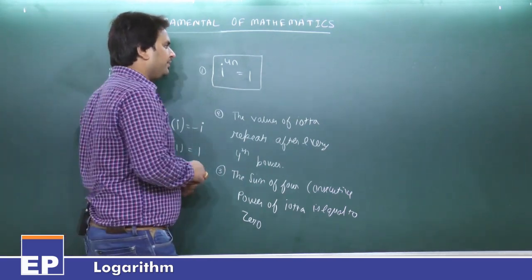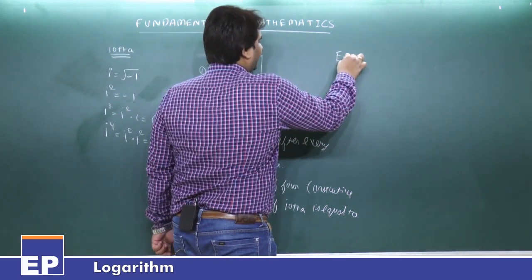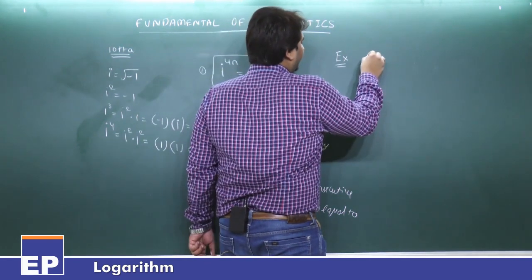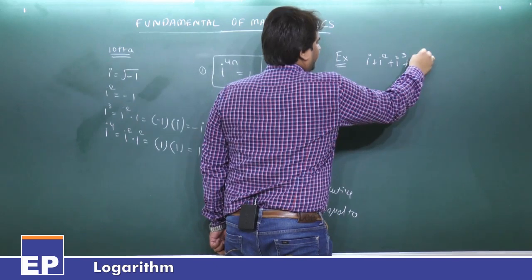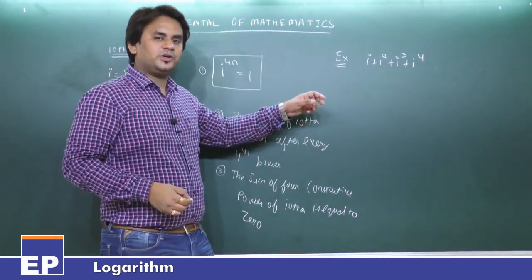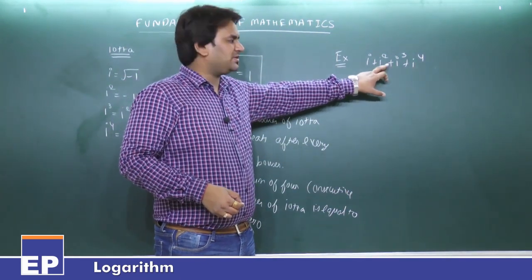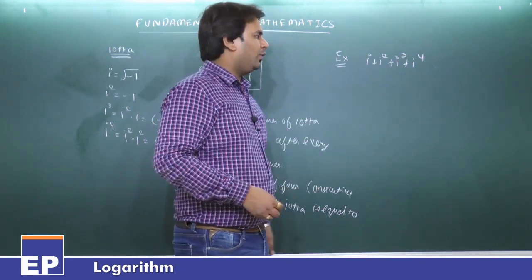Let us take an example. If I add iota plus iota square plus iota cube plus iota to the power 4, I am taking 4 consecutive powers. What is the value of this?